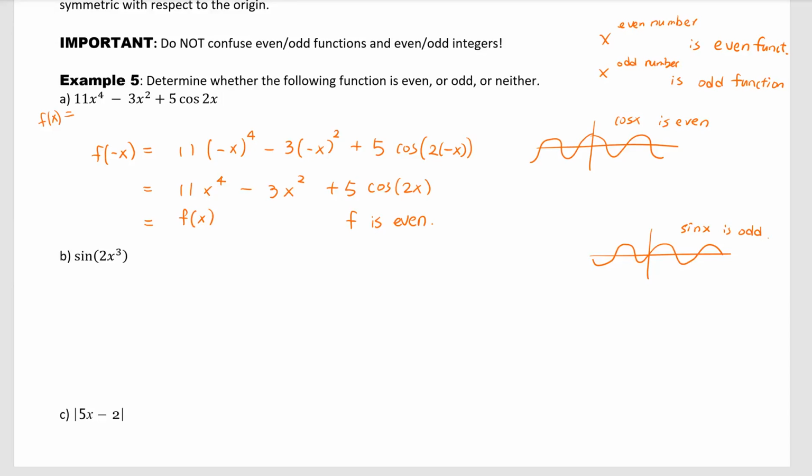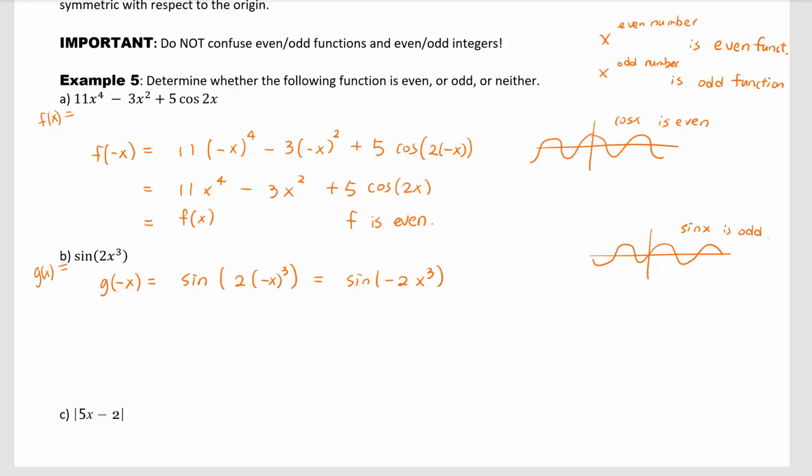Second, part B. Let's say this is g of x. Then what is g of negative x? Well, that is sine of 2 times negative x cubed. Negative x cubed, cube is an odd function, so that's the same as negative 2x cubed.